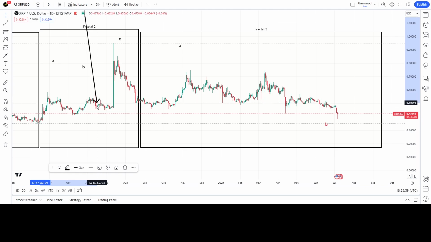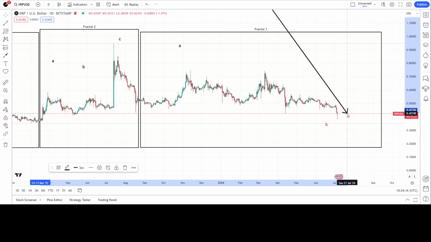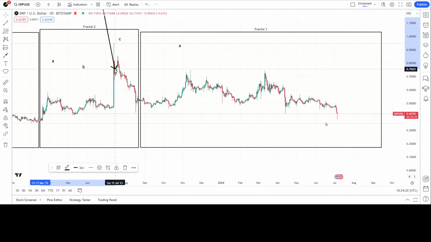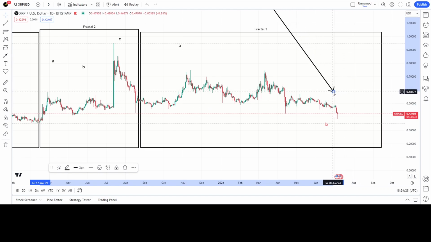So you have this first drop, it does a bounce to a new low, and then it does another bounce, but it doesn't go lower than this low. We could potentially see something like that play out here, where it does another bounce, a bottoming structure, and then it moves up. It could move up similar to this, but this would only be over here, the recovery before the smaller correction. So that is one possibility, one option.